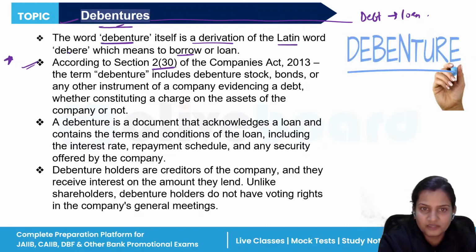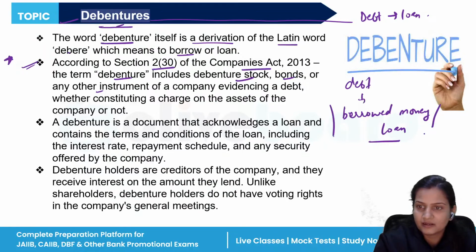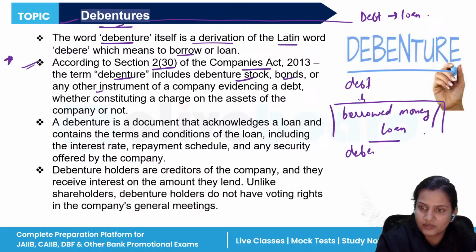According to Section 2, subsection 30 of the Companies Act, debenture includes debenture stock, debenture bonds, or any other instrument of a company that evidences a debt, and debt means borrowed money or loan. So when a company takes a loan through such debentures, the lenders become the debenture holders of the company.